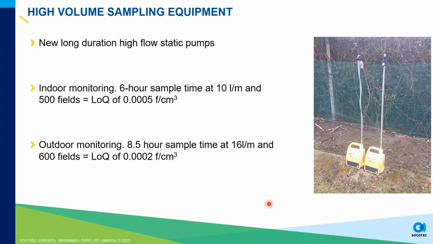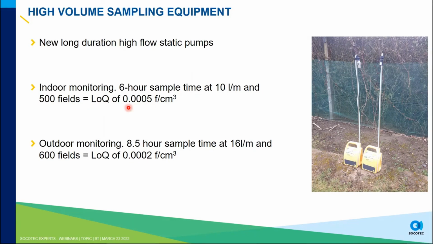And we've set up air sampling techniques whereby we're monitoring for at least 6 hours indoors at 10 litres a minute, counting 500 of the fields on the filter, and achieving a limit of quantification down to 0.0005, 305.